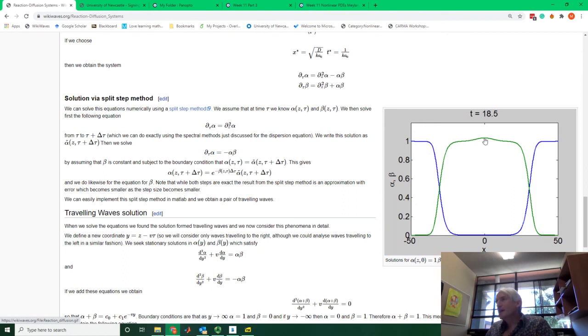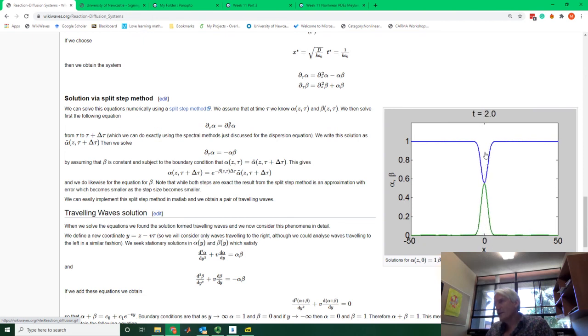And then what happens is, immediately there's a tiny little bit of B here right at the start. So that begins the process by which A starts to be transformed. And then the B's diffusing as well and moving out. So therefore it starts to flow down the tube or whatever it is, and it starts to create the reaction.